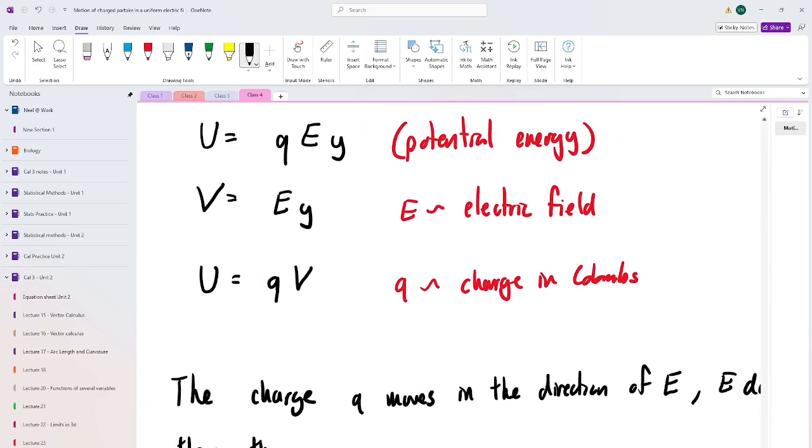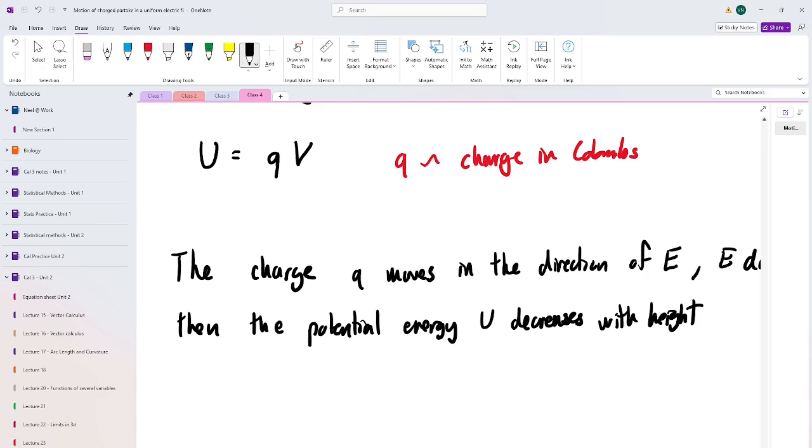Then the potential decreases with height.